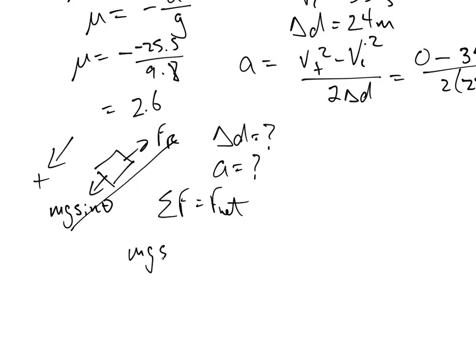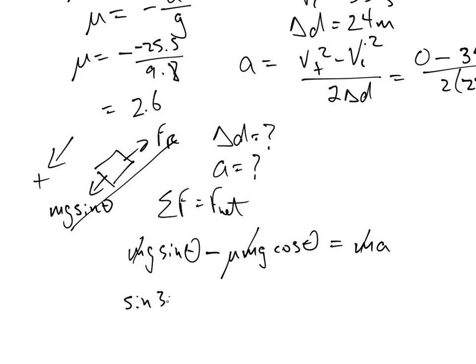So we'd say mg sine theta minus force of friction, which in this case is mu mg cosine theta, and that's going to equal ma. Now, let's cancel out the m's, and we've got a. And so I can just say a is sine 30 minus mu, which was 2.6, times cosine 30, all times factoring out the g, which is 9.8. That's a.